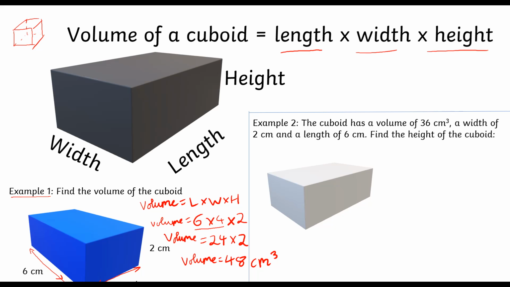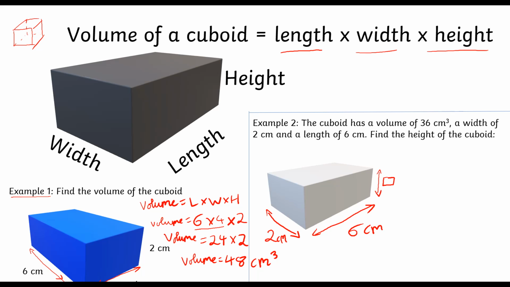Example 2, we are given a cuboid with a volume of 36 centimeters cubed, a width of 2 centimeters, so I'll label that on, and a length of 6 centimeters. Now, we do not know what the height is, and we want to find that out.